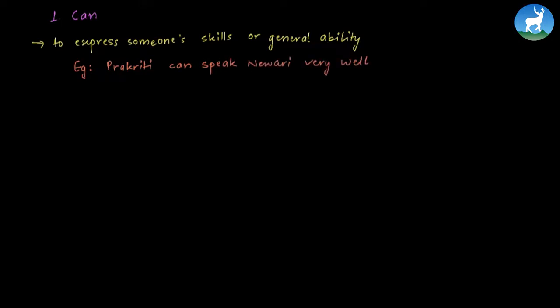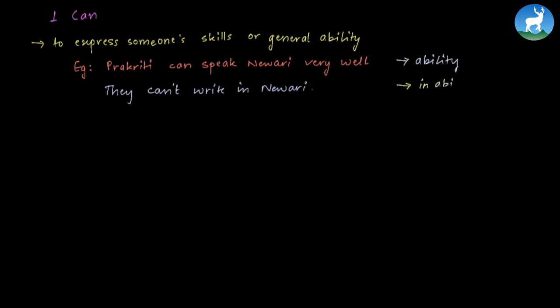Another example can be, they can't write in Newari. Notice that the topic is expressing inability and ability. Here we are expressing the ability of Prakriti, who can speak Newari very well. Whereas in the second example, we are expressing the inability that they can't write in Newari.